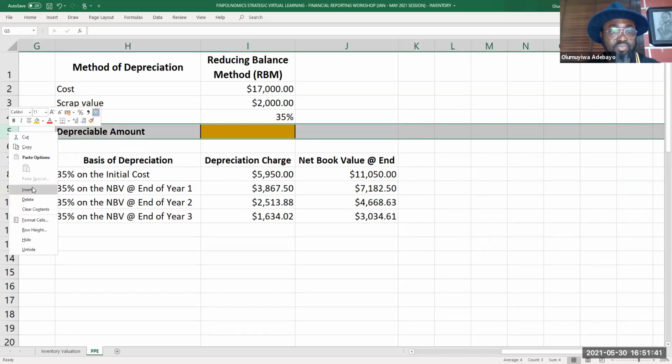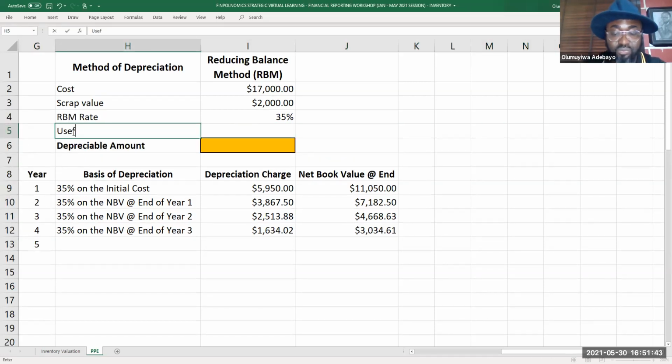Now remember that the useful life is 5 years in all. Let me put it here. Useful life is 5.